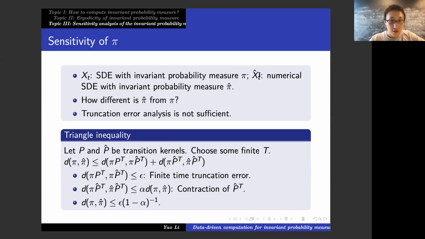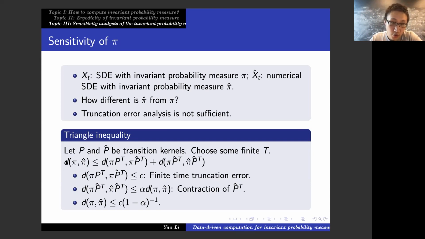Because of the discretization, there is some error. So the question is, how different is pi hat from pi? You can generalize this problem to lots of different settings, but the underlying mechanism is almost identical: you should use the coupling to get a quantitative estimate of the speed of convergence. Basically, we rely on something called the triangle inequality.